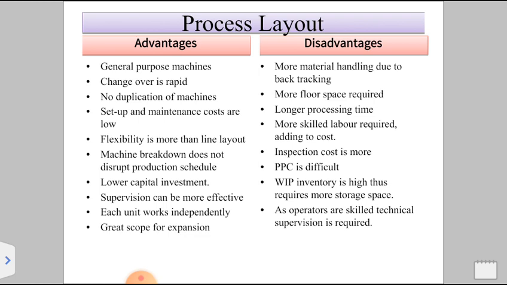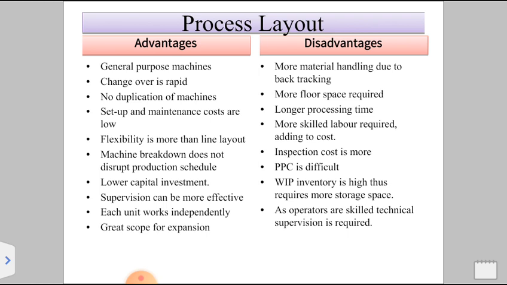Then more skilled labor required, adding to cost. So for handling a particular department, the number of labor required is high. Then inspection cost is more because an inspector has to be appointed according to department, so at every department at least one supervisor is required, so the number of supervisors can be increased.